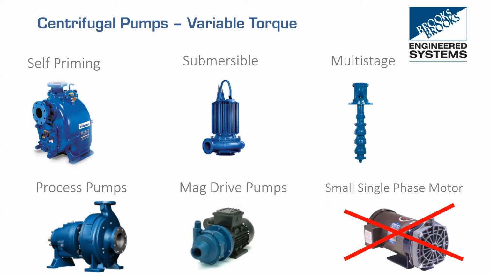Yeah, so all of these are good examples of variable torque loads, and they can all be coupled to a VFD, except for the one on the bottom right. Single phase motors cannot be driven by a VFD.